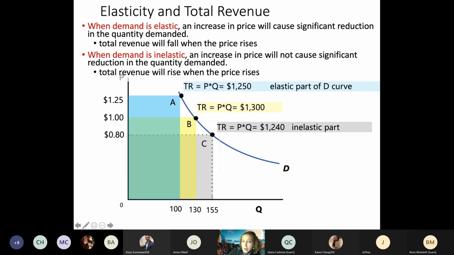So it matters whether you're starting out at point A or at point C. At point C, for example, if you were to further drop the price to 70 cents, what's going to happen most likely? You're dealing with the inelastic part of the demand curve, so you're not going to gain a lot of buyers because they're not as price sensitive at that part.